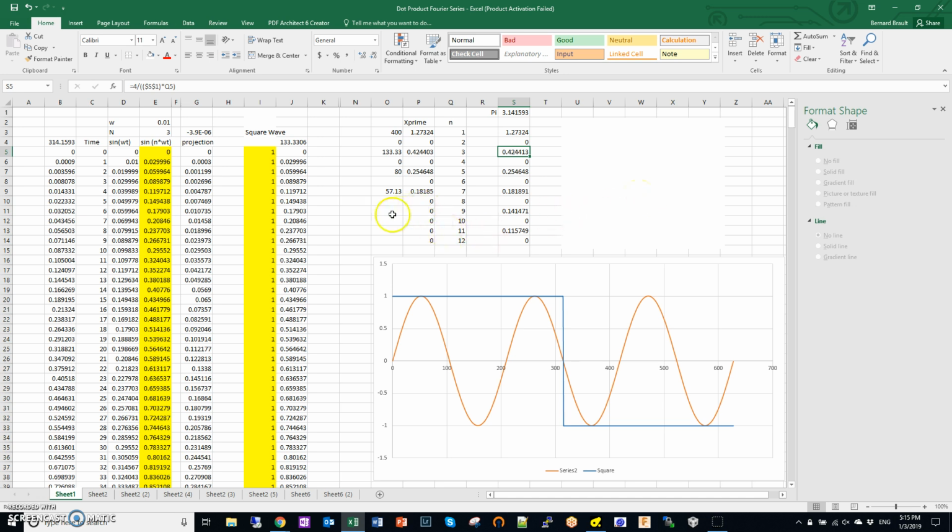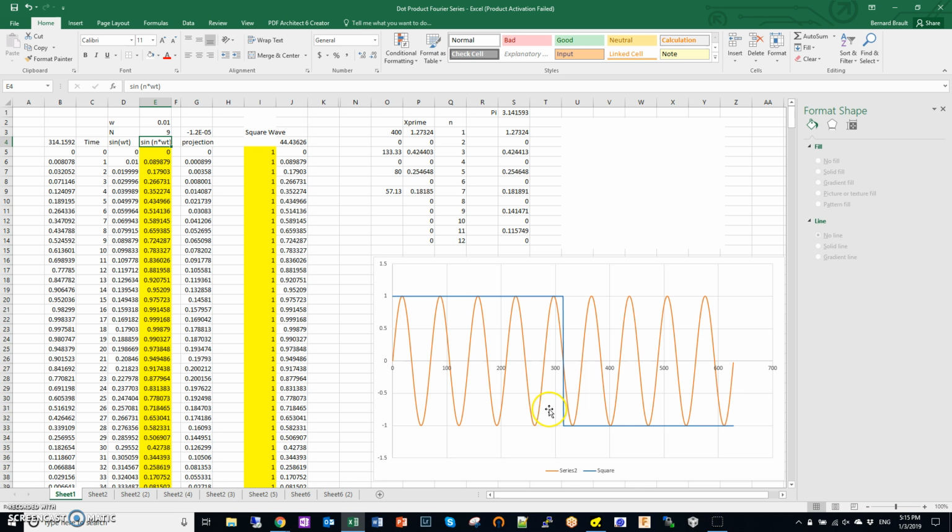Let's do it for 9 right here. I'm going to use a sine wave of 9, and here's a sine wave that's 9 times the fundamental frequency. And now the question is, what is the projection? What is the shadow or the projection of this square wave onto this new sine wave? And the value is 44 divided by 314. Oh, sorry, so this was 9. I'm going to put 44.43.